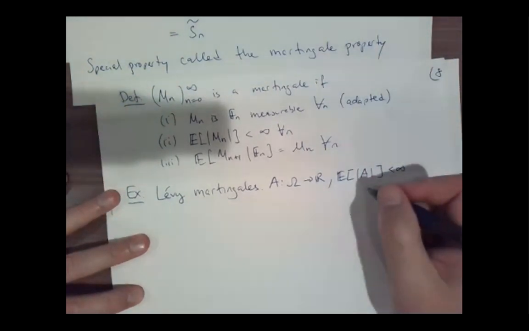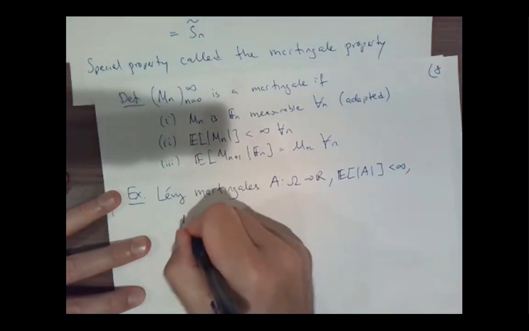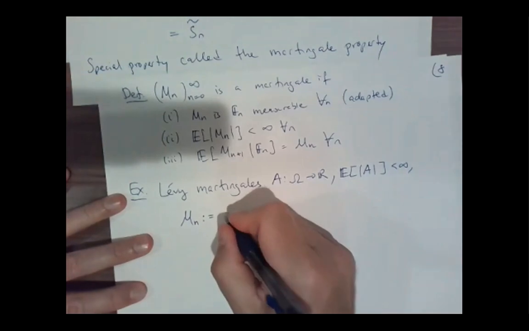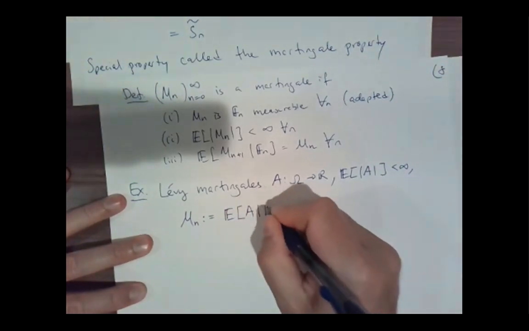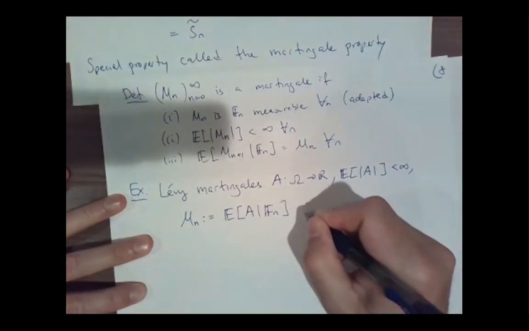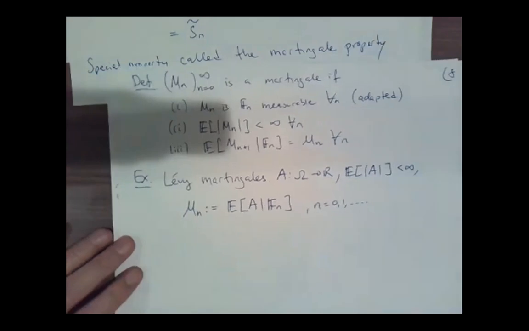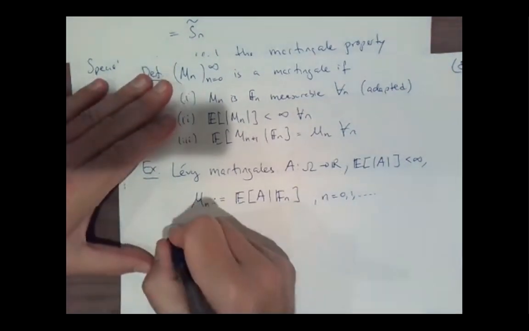So take a random variable, I require that it's integrable, and then if I define Mn to be a conditional expectation, this object here is the prototype of a martingale.